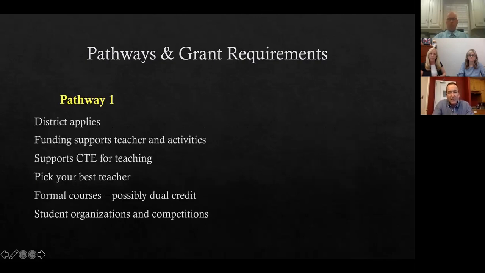Pathway 1 is a grant program that the district will apply to, and basically it is about getting additional funding to support the teachers of the education and training courses related to teacher preparation, and if possible also offering those classes as dual credit with a community college, and developing student organizations that also support and foster the idea that you want to become a teacher.